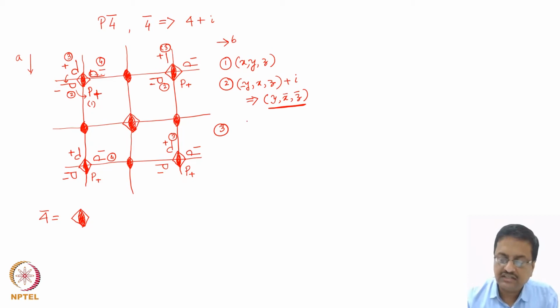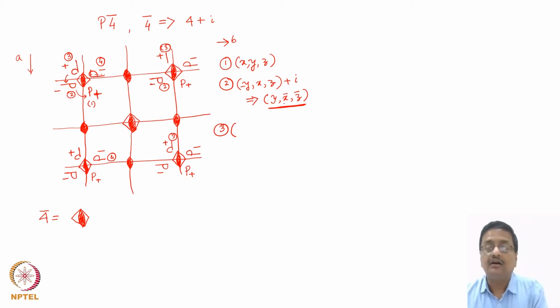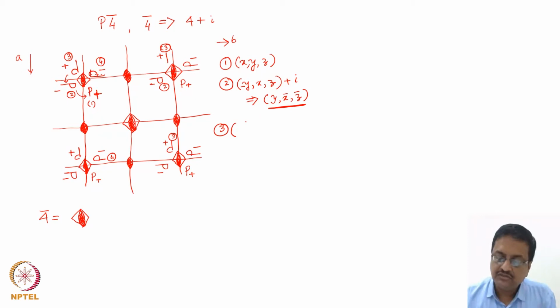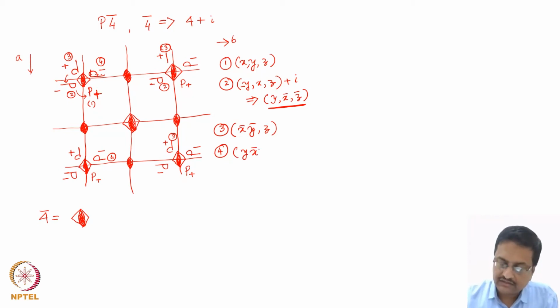Then point number 3 is a 4-fold rotation on point number 2, which gives you a point which is x bar, y bar, z on inversion, and then the corresponding point 4 is nothing but y, x bar, z plus inversion.